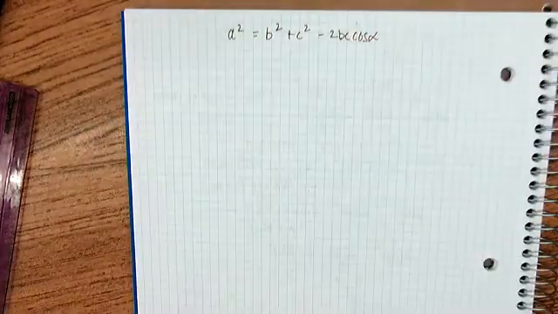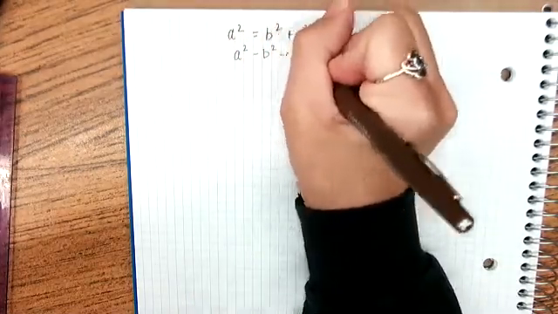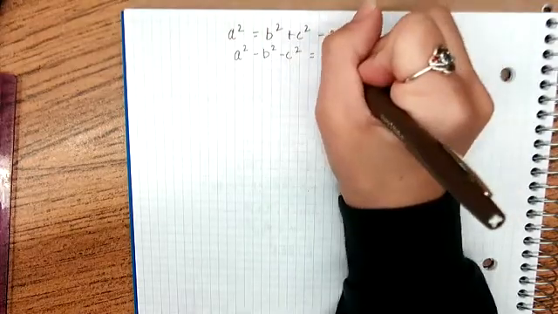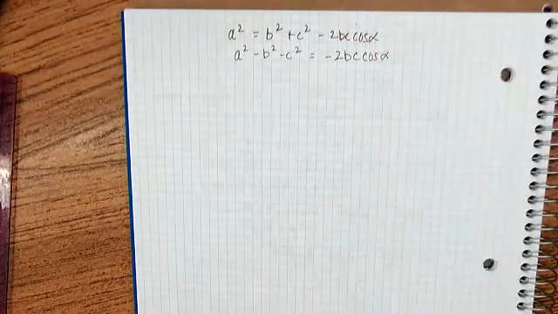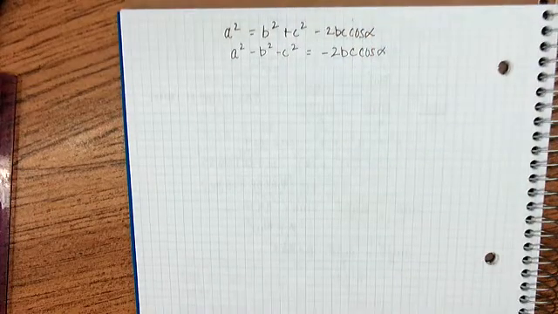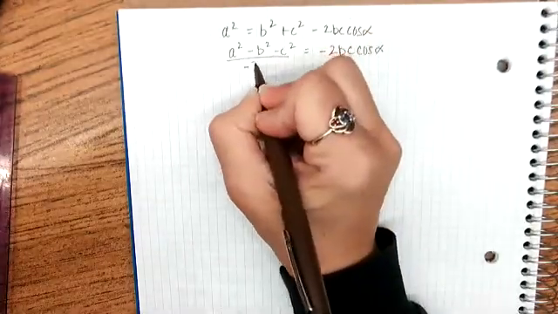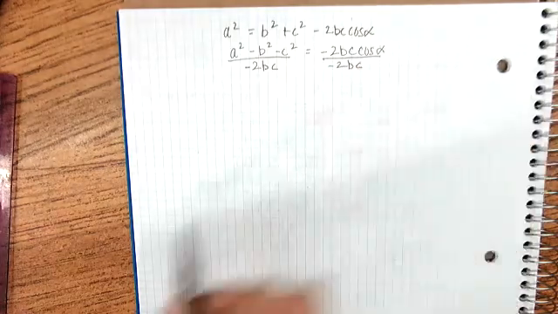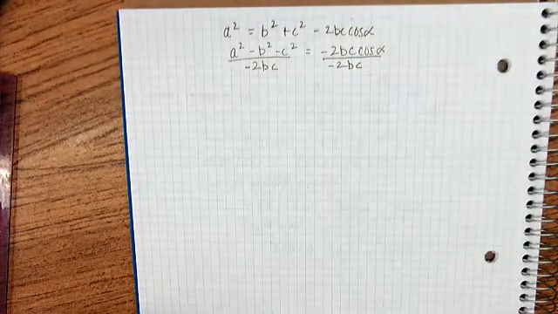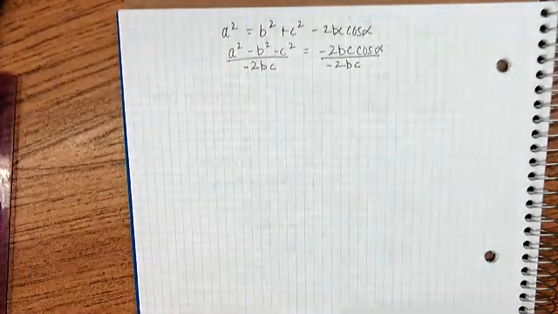how do I solve for alpha? Subtract b squared and c squared. Divide by negative 2bc. Again, I'm trying to solve for alpha, beta, gamma, whatever. Don't like the negative in the denominator, so I'm going to divide everything by -1.